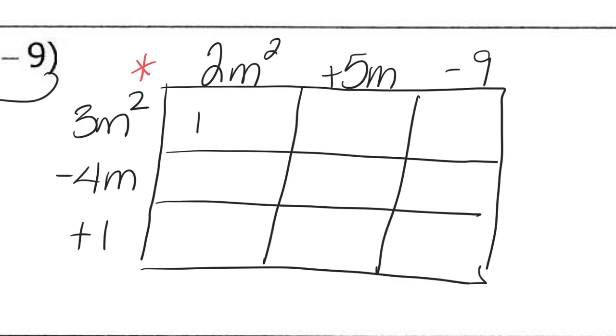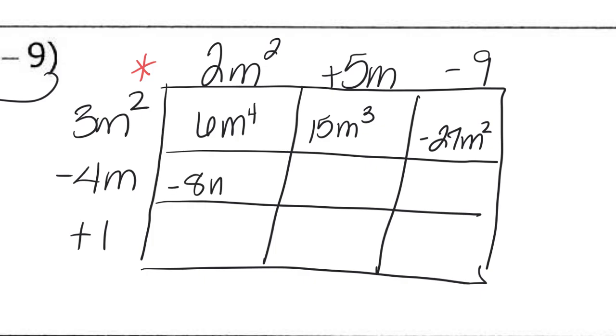So 3 times 2 is 6, m to the 4th. We have 3 times 5 is 15, m cubed. And the way I do my exponents is I say, hey, I had 2 m's come in from the side, 1 m come down from the top. So I had 2 and another 1, which gave me 3. 3 times negative 9 is negative 27 m squared.